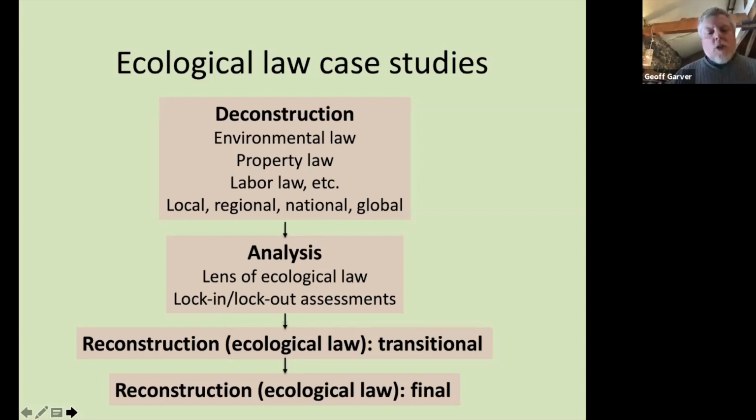And then to reconstruct the situation again under a regime of ecological law. And because certain aspects of ecological law can seem so far in the future and so theoretical, it could be very useful for many of these situations to describe a transitional situation as well as to describe an end goal or final kind of reconstruction.